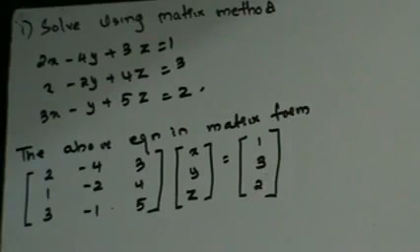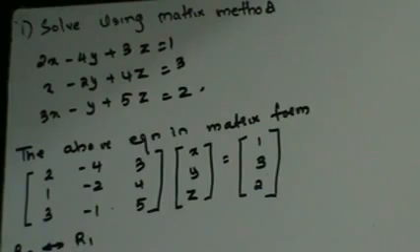Now you've got to convert this into an identity matrix. If you remember your identity matrix, I have to have the number in the first position as 1. So you're going to interchange R2 and R1.